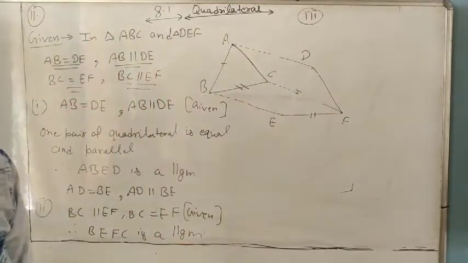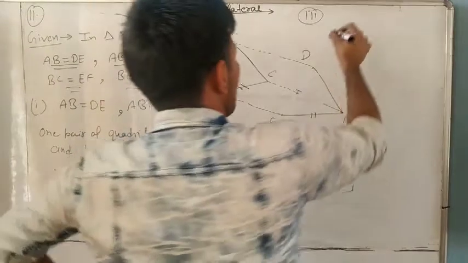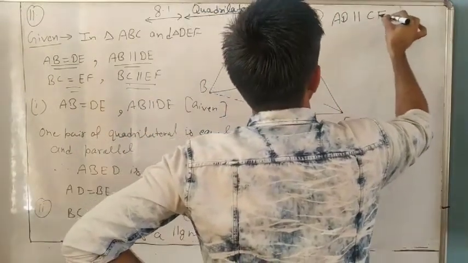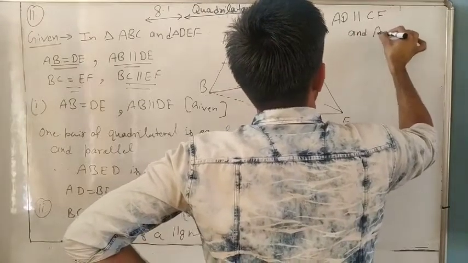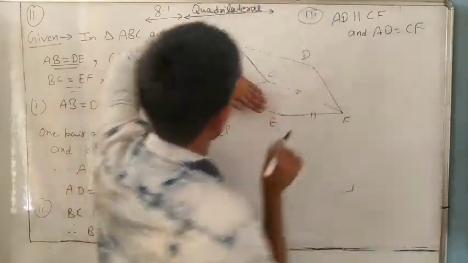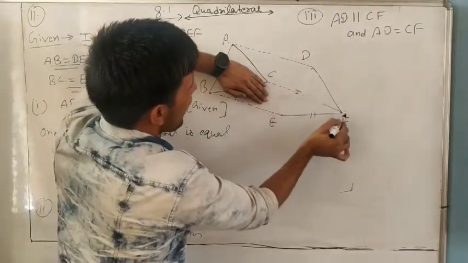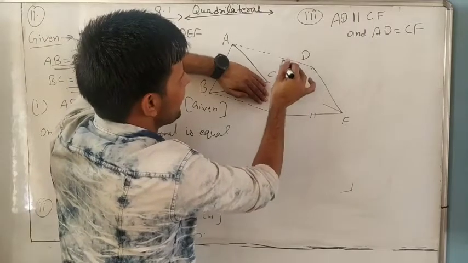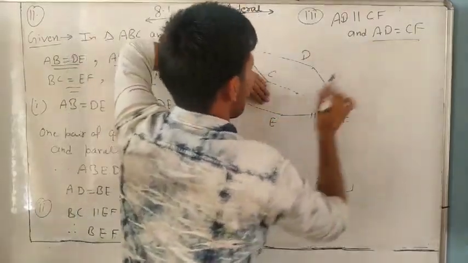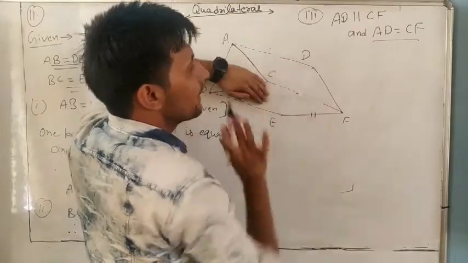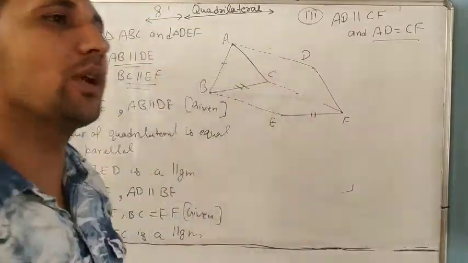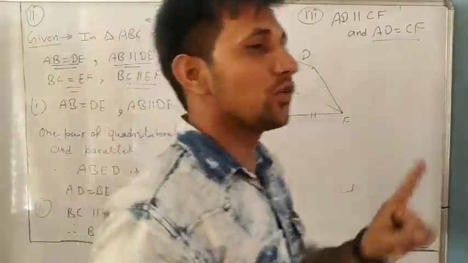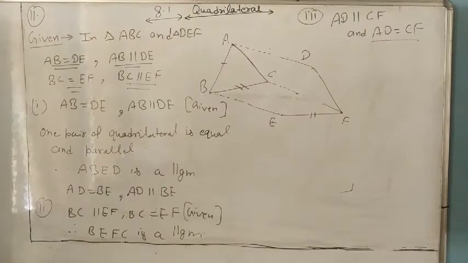Look here at ACFD. We want to prove that AD and CF are equal and parallel. In what case can you say equal and parallel? If ACFD is a parallelogram. So first we will say that it is a parallelogram.